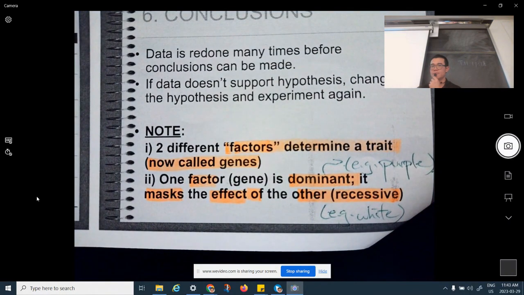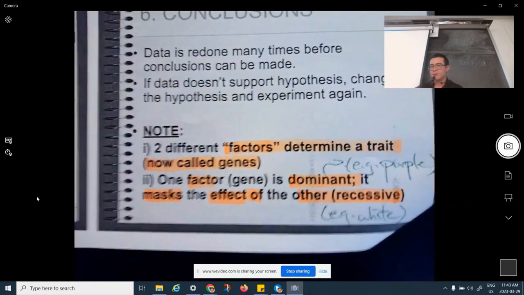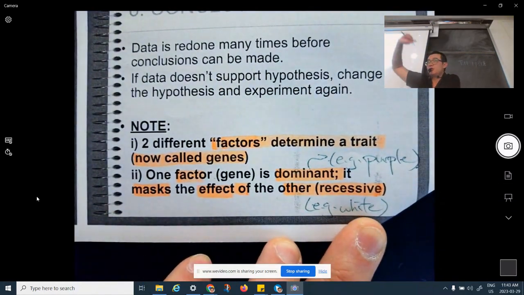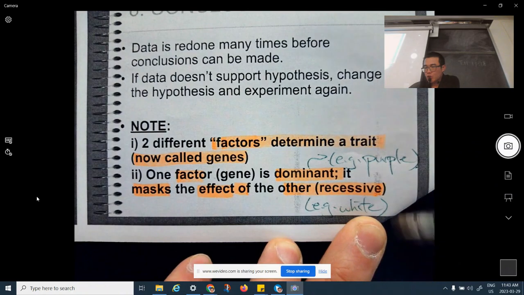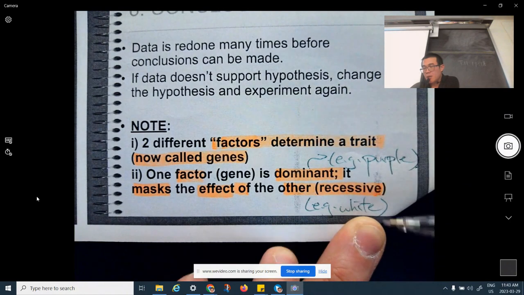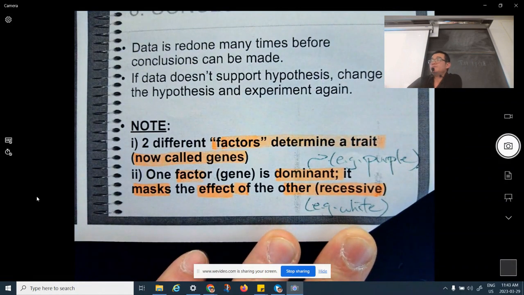If one factor of the gene is dominant, it masks the effect of the recessive trait. Using flower color as an example again, when a purple flower crosses with a white flower and all the first generation offspring are purple, it shows that purple is the dominant trait, the dominant gene, and the white color is the recessive trait, the recessive gene.